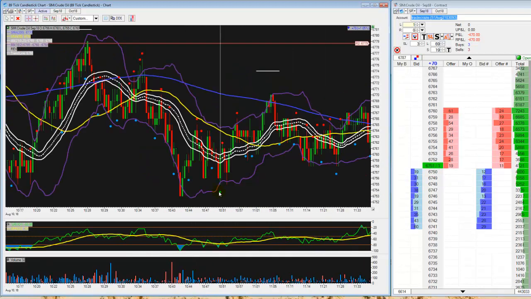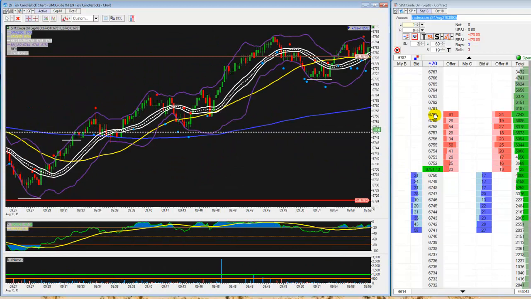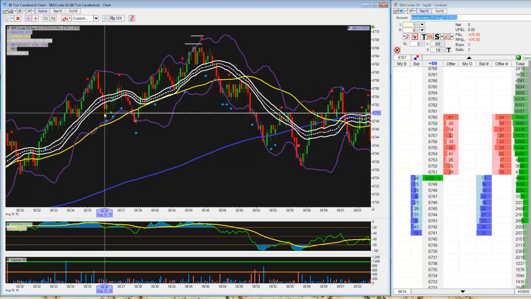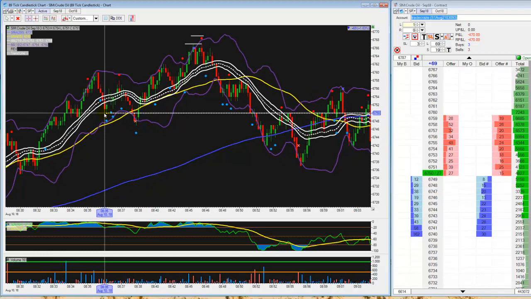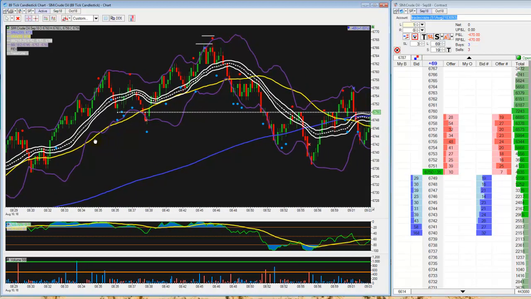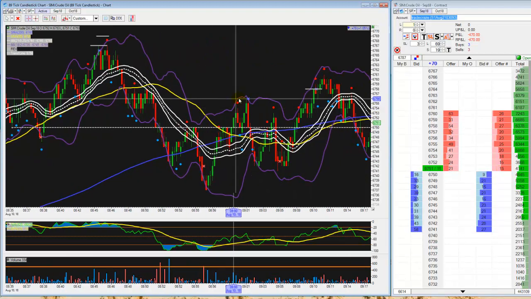Now, what did I mark? 67.50. That was the area that I got caught in right there.